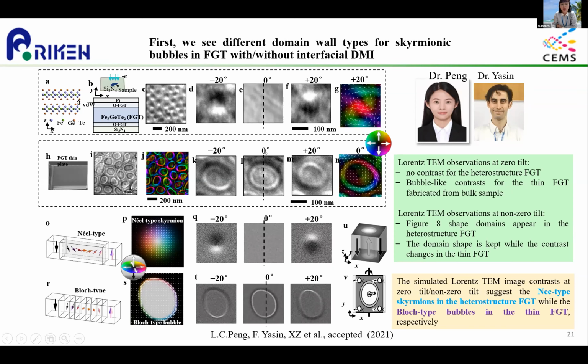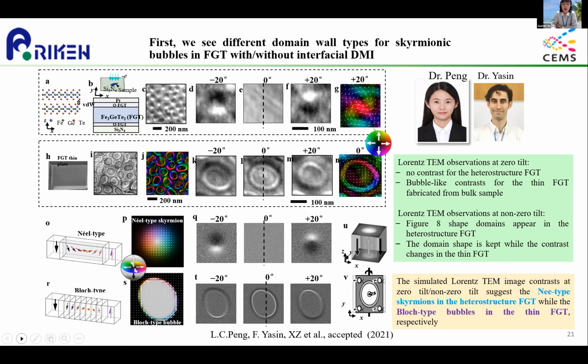It means we can conclude that a Bloch-type bubble is excited in this thin pure FGT plate. But for the heterostructure, it is not clear, although the simulated Lorentz TEM image suggests a Néel-type skyrmion in this heterostructure.